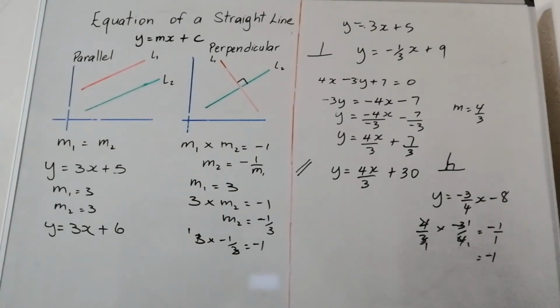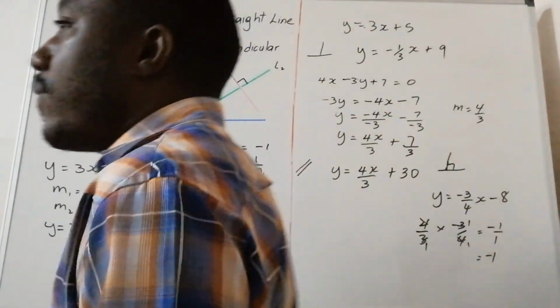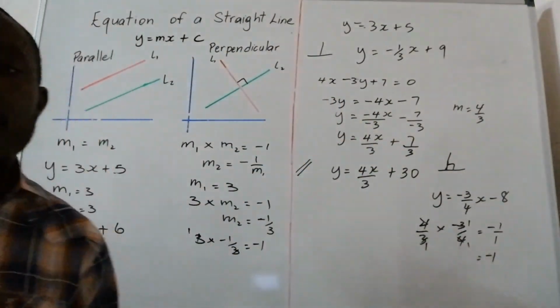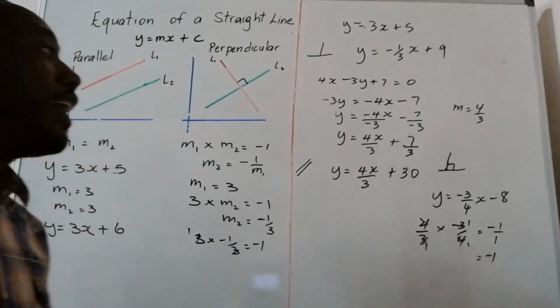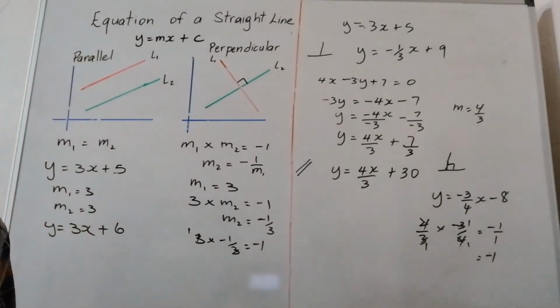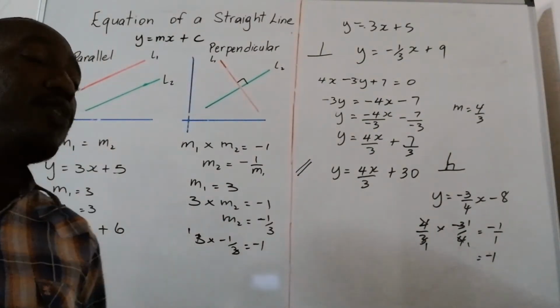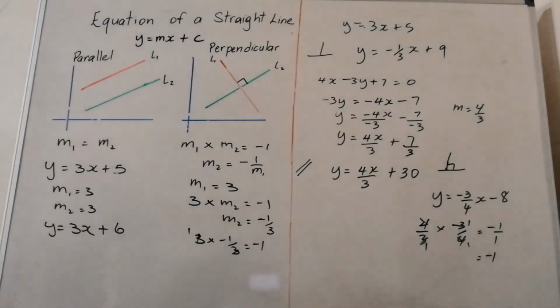So those two lines are parallel. If we're asked to find a parallel line, all we need to ensure is that the gradients are the same. If we want to find a perpendicular line, what we have to ensure is that when we multiply the gradient of the first line times the gradient of the second line, our answer is negative 1.